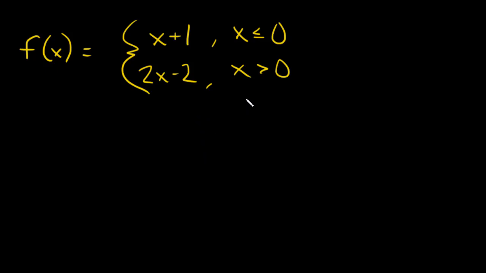Okay? First thing I do before I do anything else is I put that little y equals in front of each one of them. Y equals, y equals. That way it looks like the y equals mx plus b format.